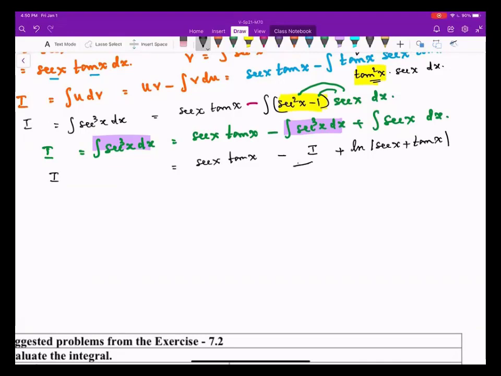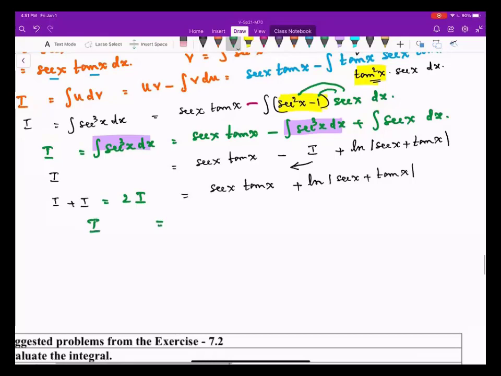Now I'm going to move this negative I to the left-hand side, so that will get added. I plus I equals secant x tan x plus ln of absolute secant x plus tan x. This is equal to 2I. So 2I equals that.